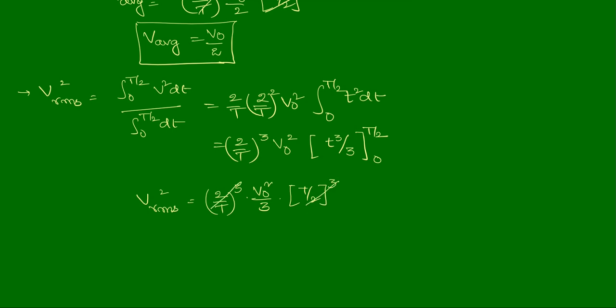This T by 2 whole cube and 2 by T whole cube get cancelled. So VRMS will be equal to V naught by root 3.